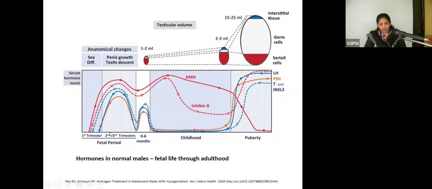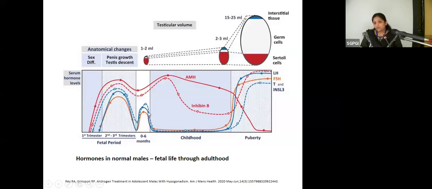So normally we see high gonadotropin levels at 3 phases of life: in second to third trimester, during mini puberty, which usually lasts from second month to 6 month or 2 weeks onwards in male child, and in the phase of puberty. So as you can see, the AMH level will decrease after the onset of puberty. Detectable inhibin level will be present, and it will increase with the onset of puberty.